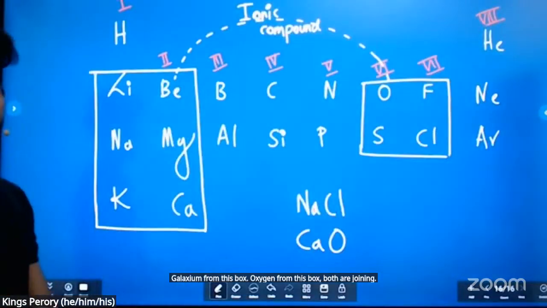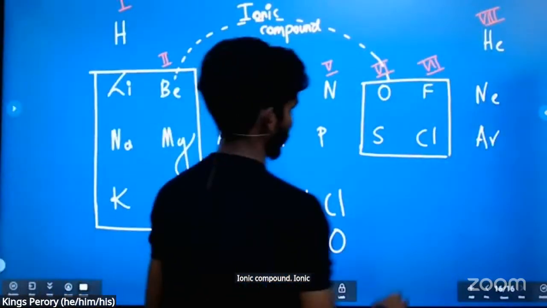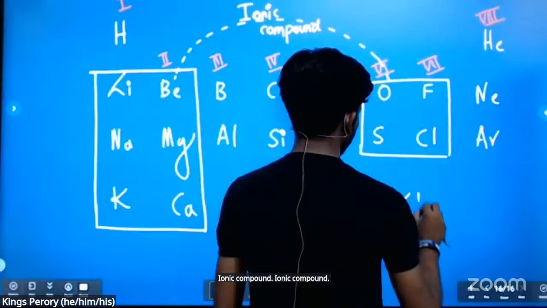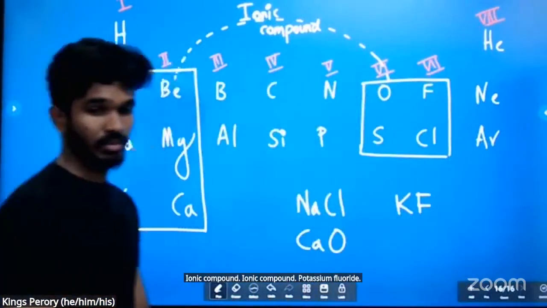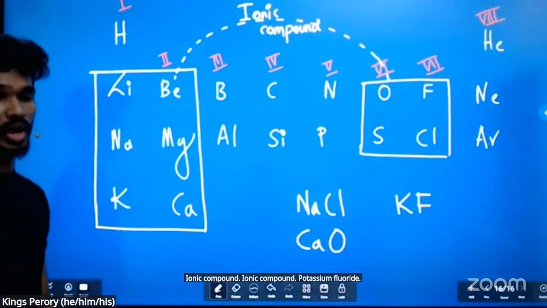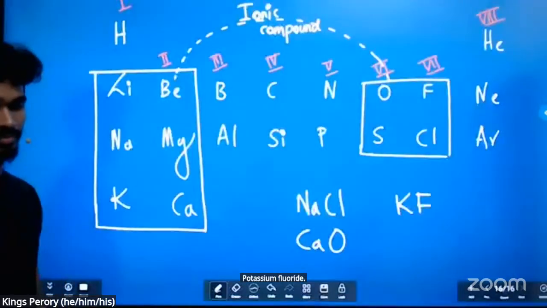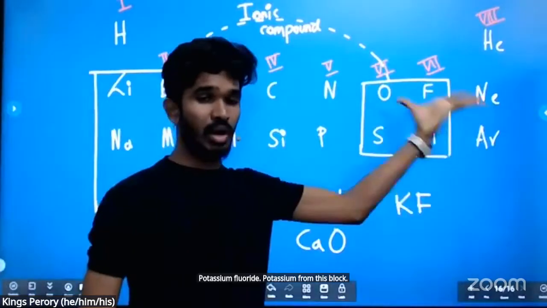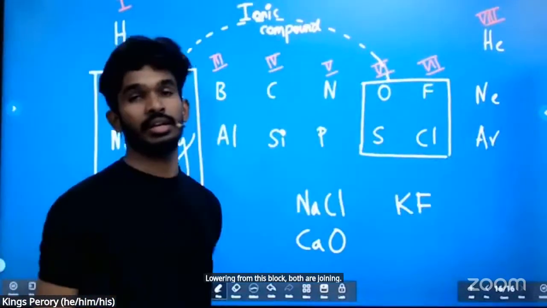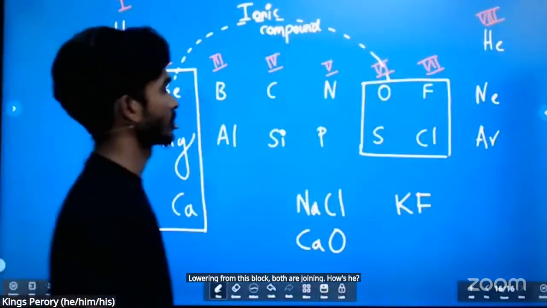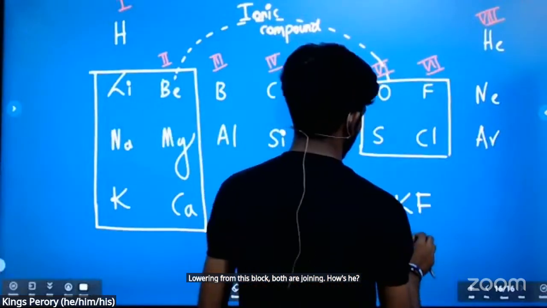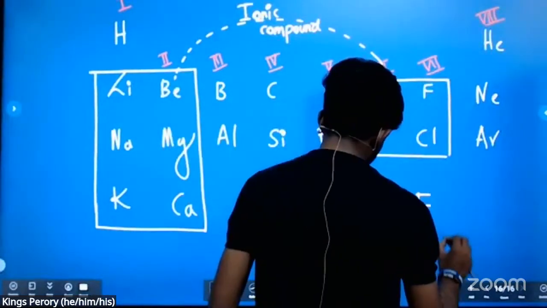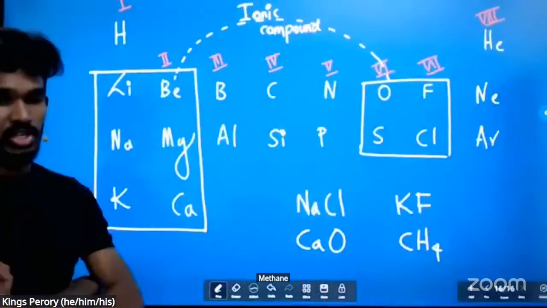Ionic compound. Potassium fluoride. Potassium from this block, fluorine from this block, both are joining, ionic. Now see. Methane, CH4.